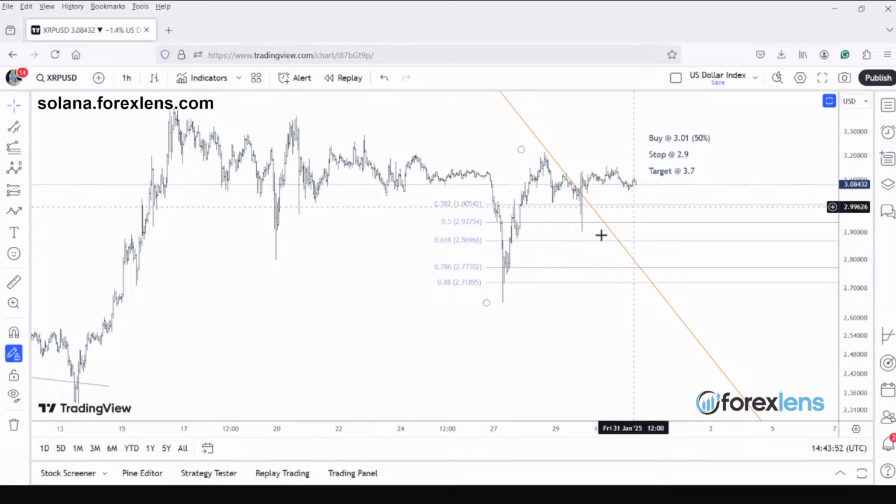So 3.0 and a stop around 2.9, that's perfectly fine. Right now we are partially in Bitcoin and completely in Ethereum. At least we are not going to lose in Ethereum, even if we don't take profits right now. All right.